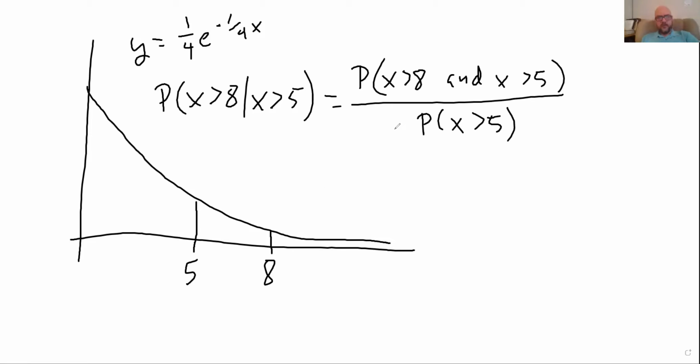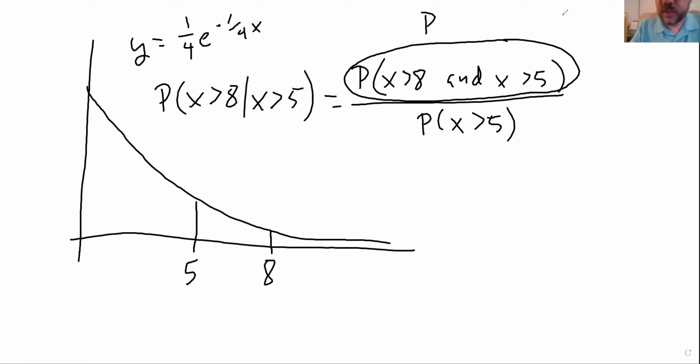Now, a thing that's maybe not immediately obvious is that x is greater than 8 is included within x is greater than 5. So any x that's larger than 8 is also larger than 5. So this top bit is equivalent to saying the probability that x is greater than 8, right?